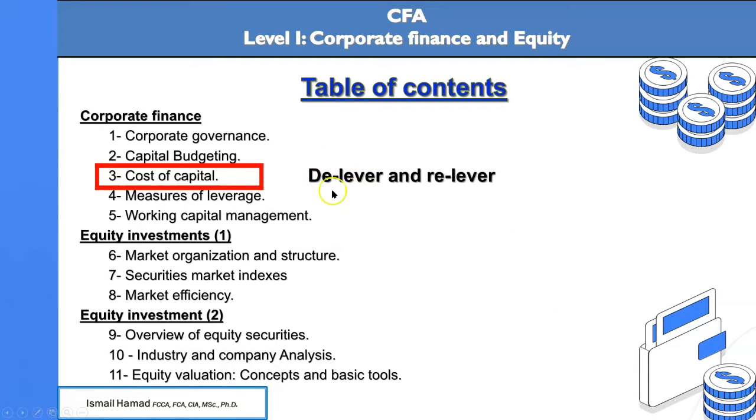So we will delever the cost of capital, removing the effect of the capital structure, removing the effect of the leverage, and then we re-lever again using the capital structure of the company we are intending to acquire, that is the subsidiary company. Let us see how we do that.